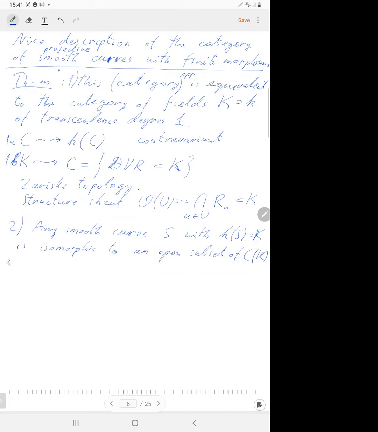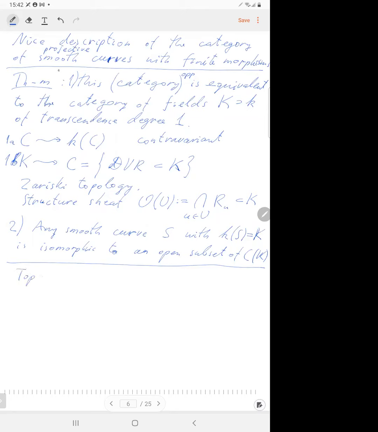Okay, so this was maybe a little bit long formulation of the theorem, and well, I don't know your background, but I suppose that some of you have heard about Riemann surfaces.